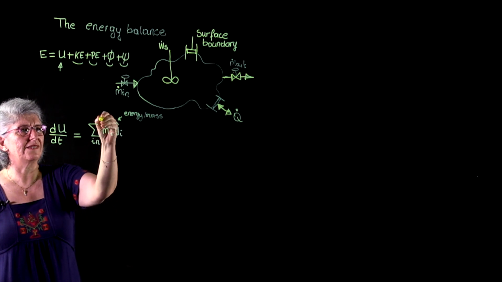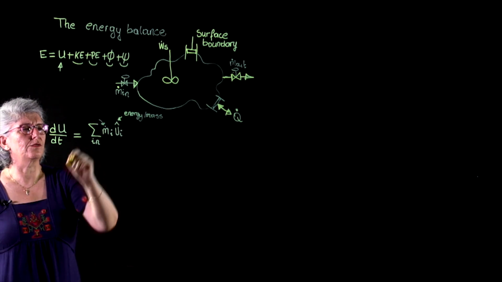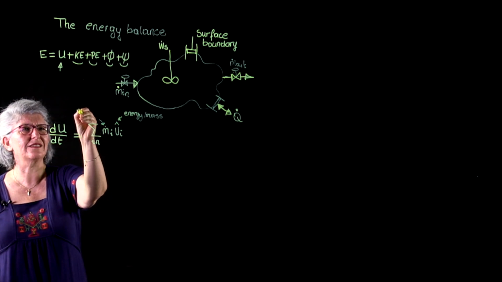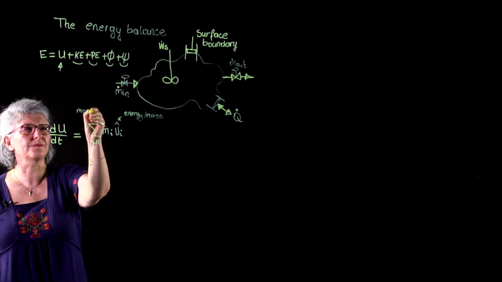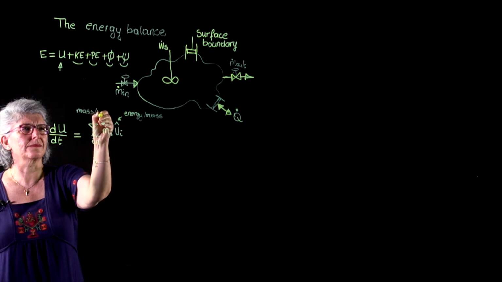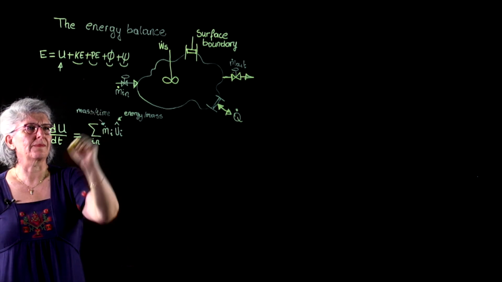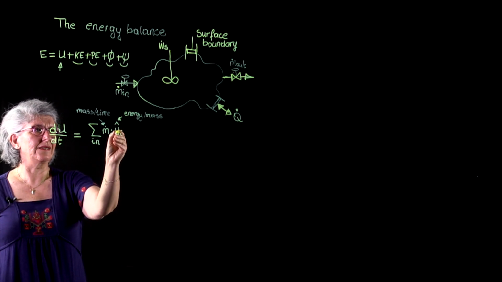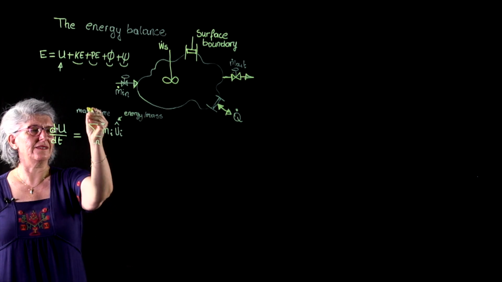And when we put a dot over the mass flow rate, this is going to indicate that this is mass per unit time. And when we multiply them, masses cancel.